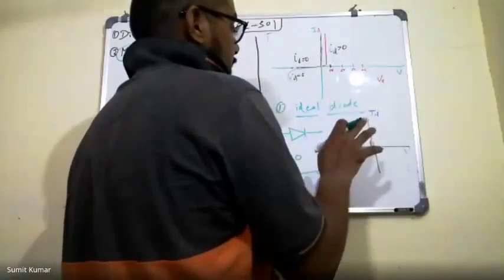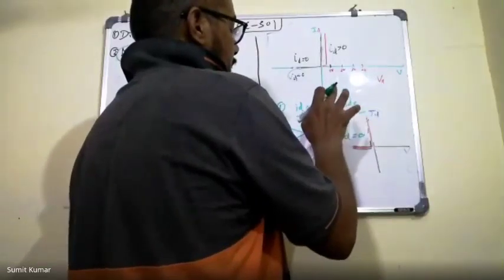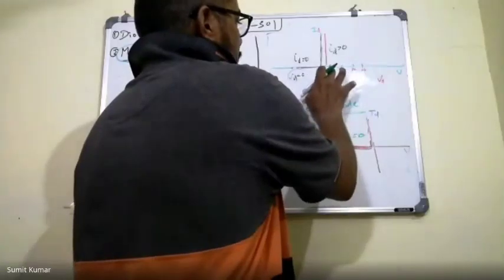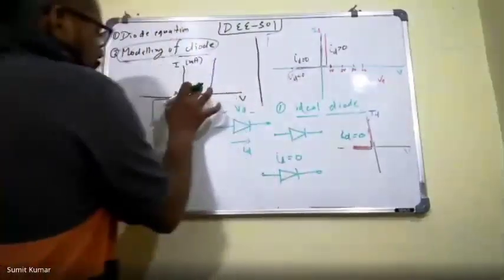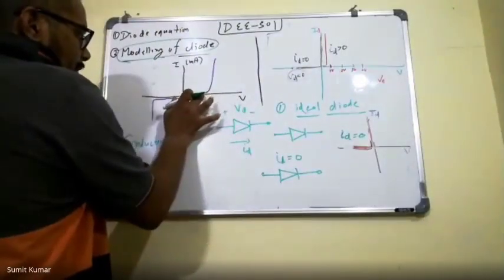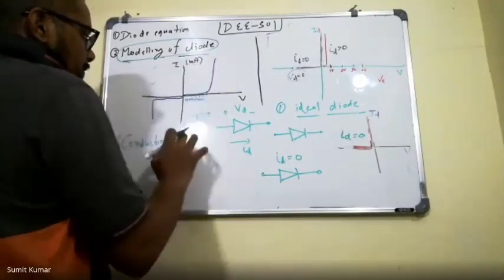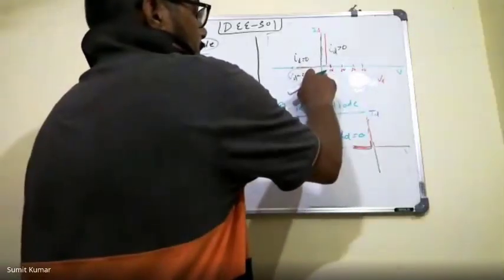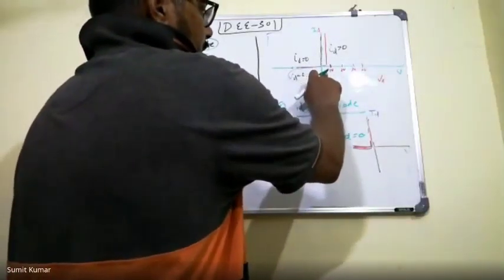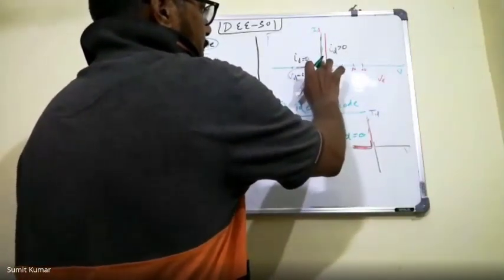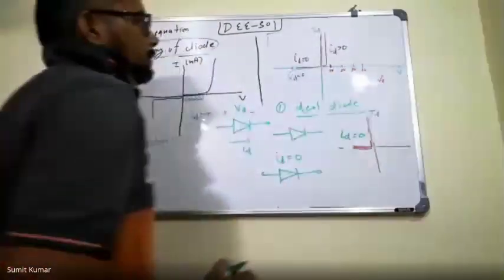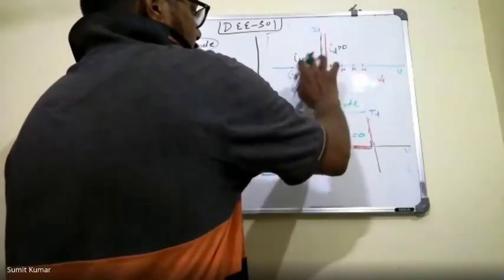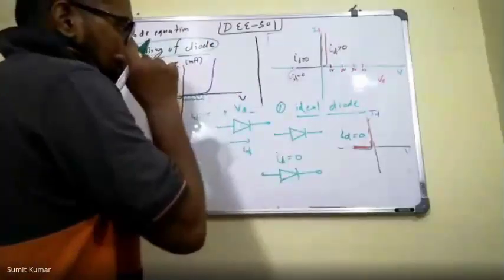diode in ideal characteristics. In ideal characteristics, I have approximated this value, which is very near to this. In this diagram the difference looks large, but you can see the scale is different here. I have rescaled the diagram, and in the rescaling you can see it is very near to the y-axis, and I have approximated this for the y-axis.